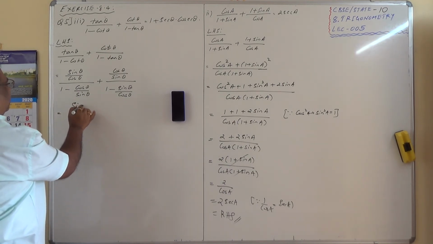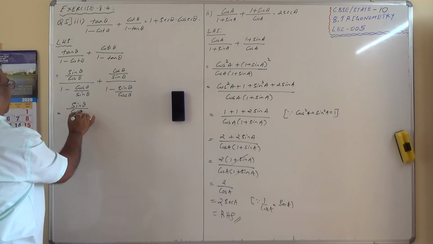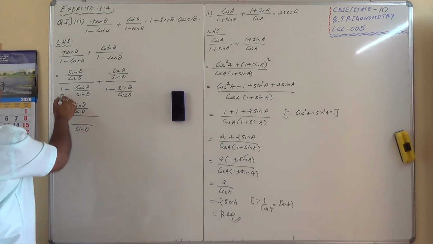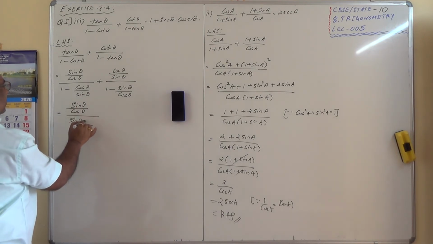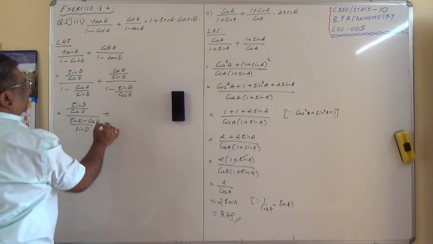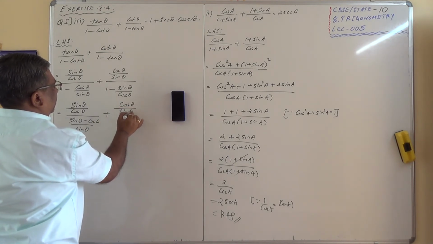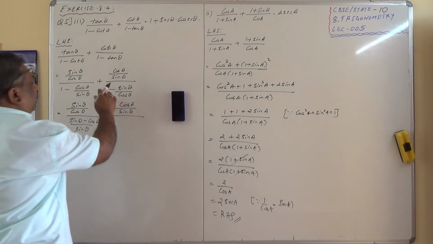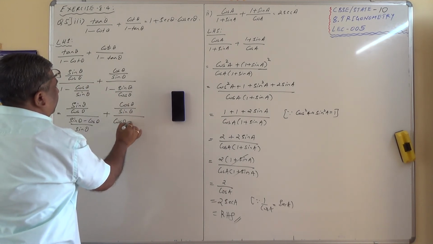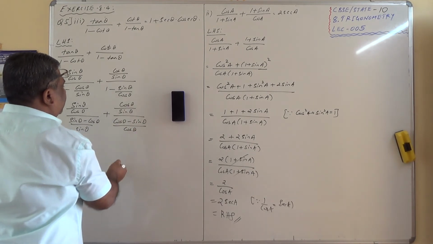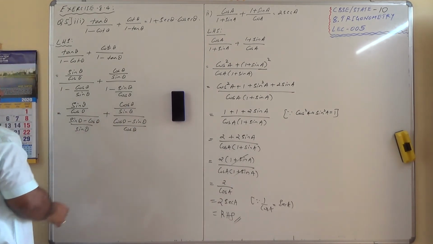Which equals, I'll write as it is, sin theta by cos theta, LCM sin theta, minus cos theta, plus cos theta by sin theta, cos theta minus sin theta by cos theta, taking LCM for the denominator on both sides.